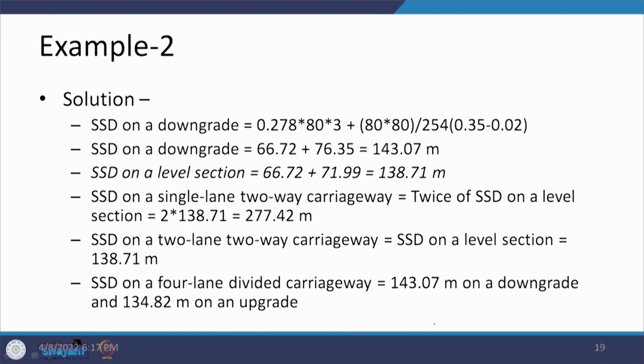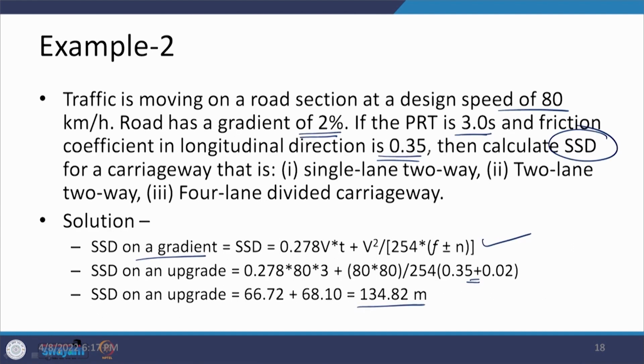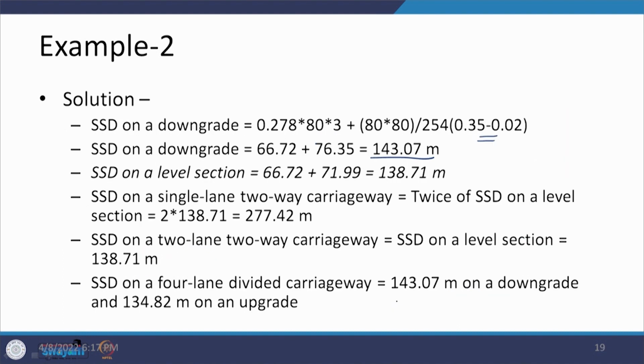When I look at the downgrade, the value is going to be negative here, f minus n, and what we get is 143.07 meters. So, previously we got 134.82 and now we got 143.07 meters. You can see that the value is increasing.